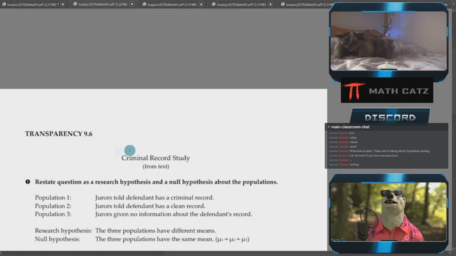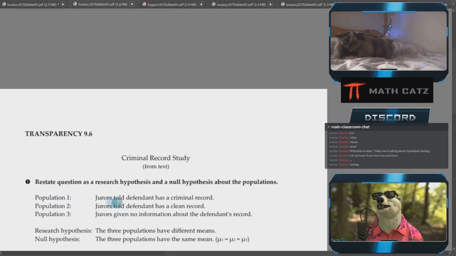So let's look at this criminal record study example. Here we have three groups, and we rated the jurors' decisions based on information that they get, but different pieces of information.